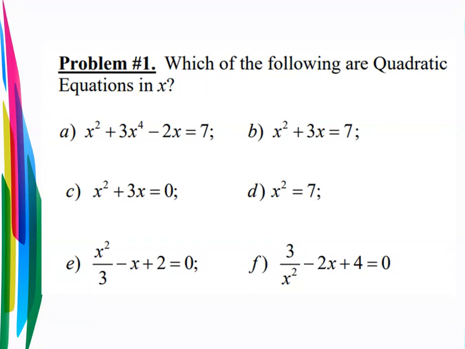The first one, part A, is not a quadratic equation. B is a quadratic equation. Similarly C and D are also quadratic. E is also a quadratic equation, but F, when I take the LCM, I will get a cubic. That will not be a quadratic equation.